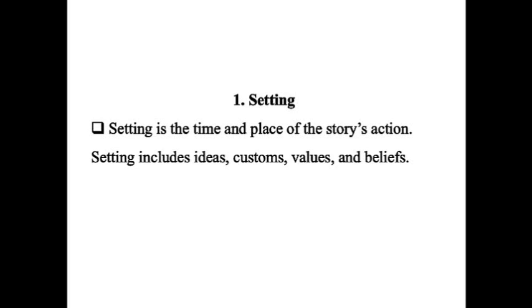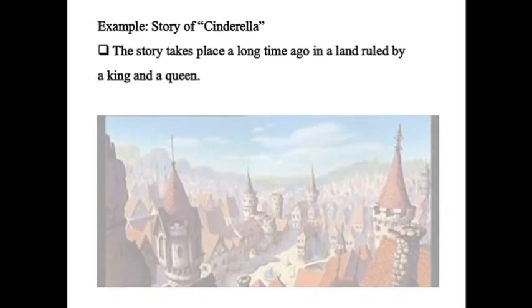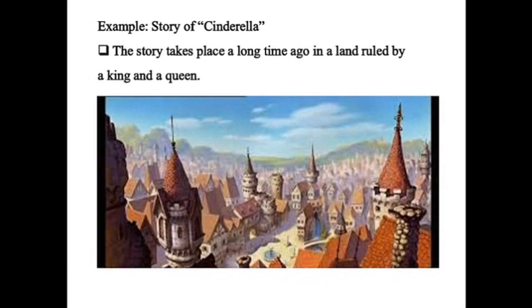Setting includes ideas, costumes, values, and beliefs. In the story of Cinderella, the setting is that the story takes place a long time ago in a land ruled by a king and a queen. This is the setting of Cinderella's story.